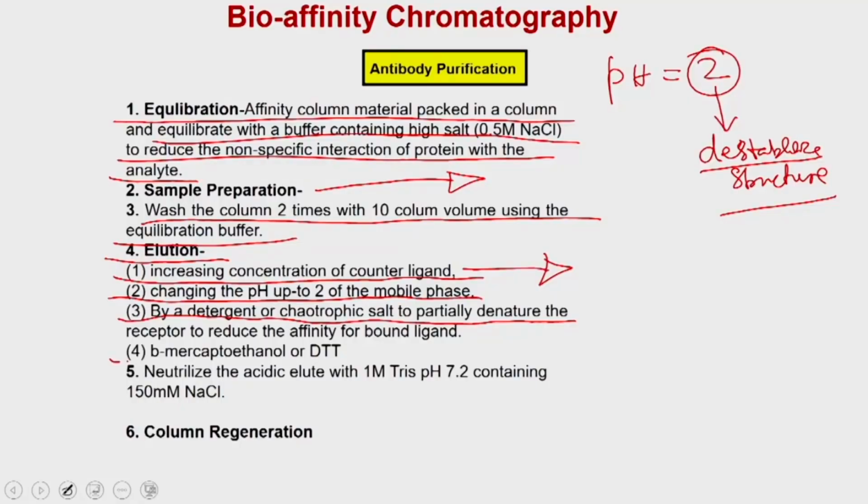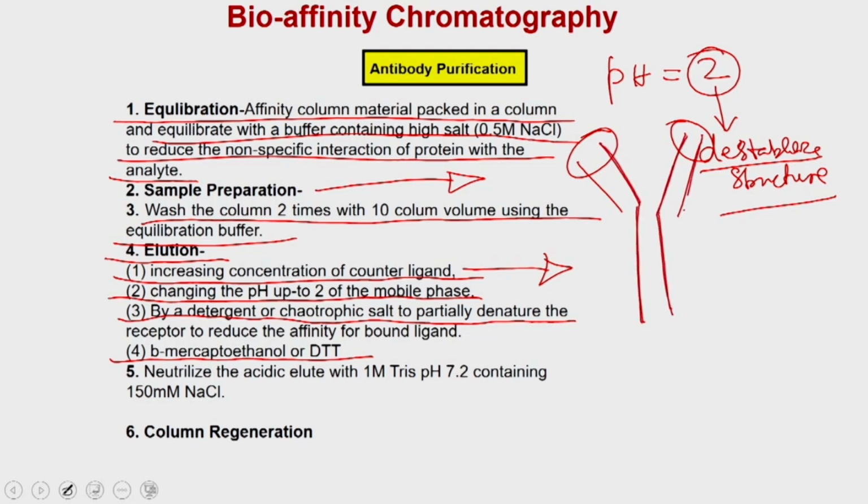Now, the fourth is that you can use beta mercaptoethanol or DTT. You know that the general structure of an antibody is something like this, where this is the antigen binding region, and this is the heavy chain, and this is the light chain, and all these chains are attached to each other by disulfide linkages, and then these also bind to each other.